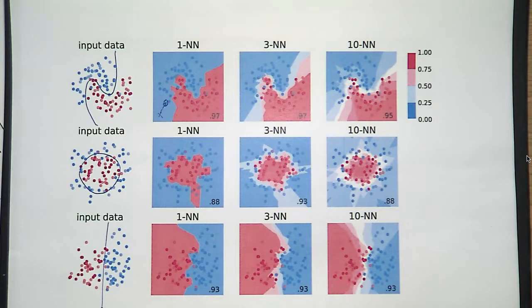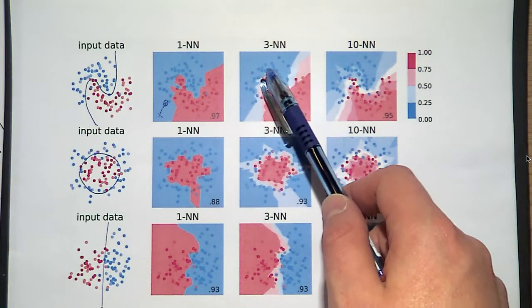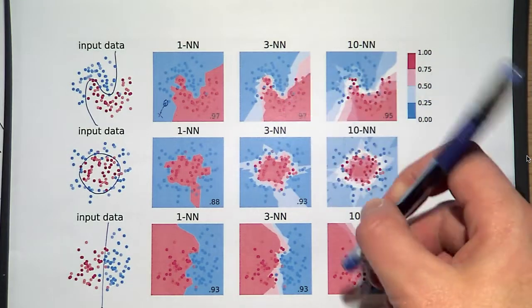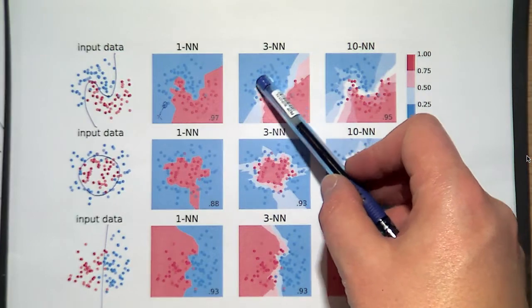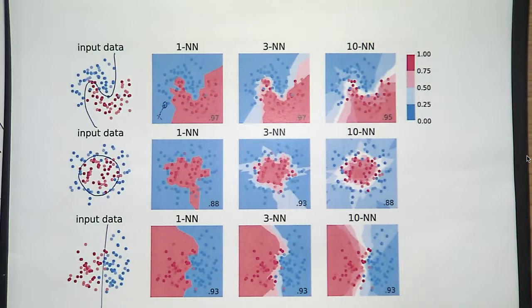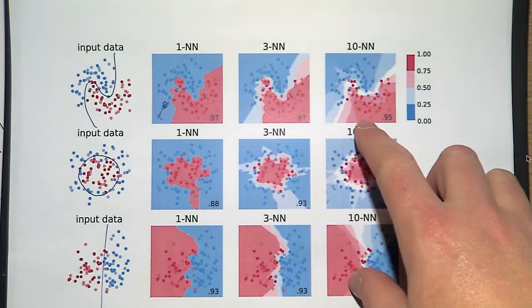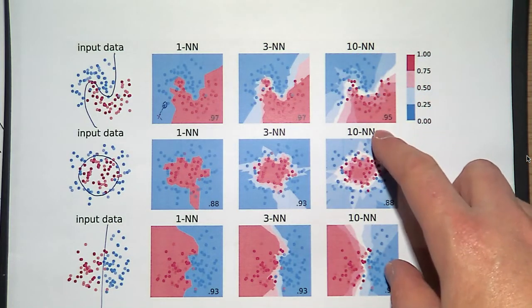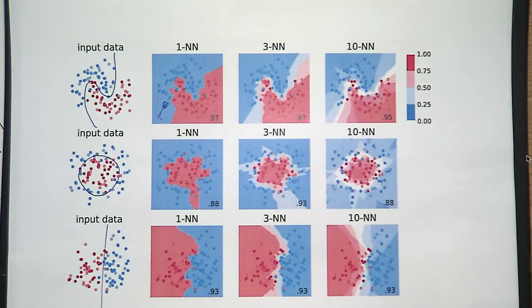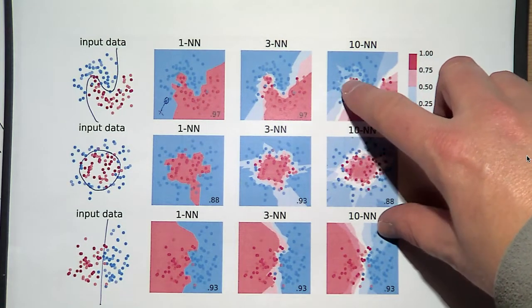Okay. So you can see here that at the edge of the class separation, you start to have a bit more unknown in the process. And as you go with more neighbors, you gain a bit of smoothness in the boundary.